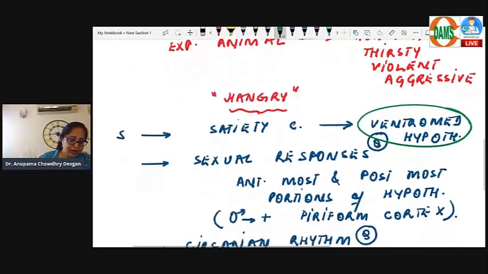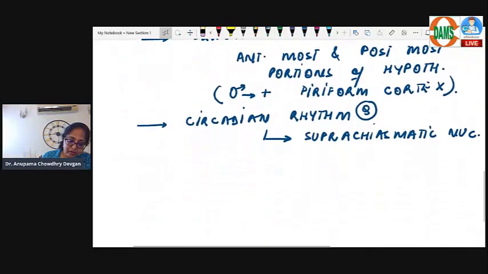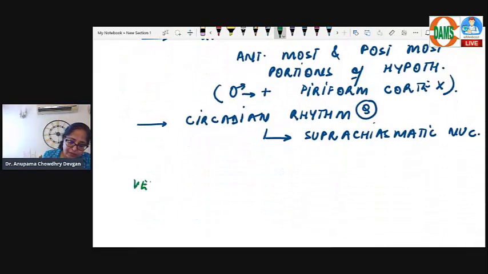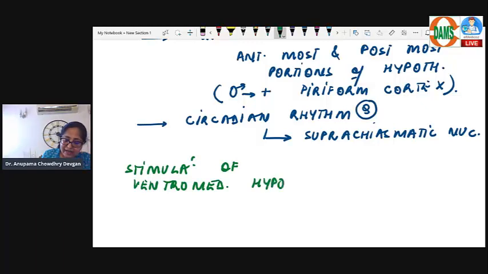So if I use stimulation of the ventromedial hypothalamus in an experimental animal, what is going to be the response? Remember, it is the satiety center and the pleasure or reward center.